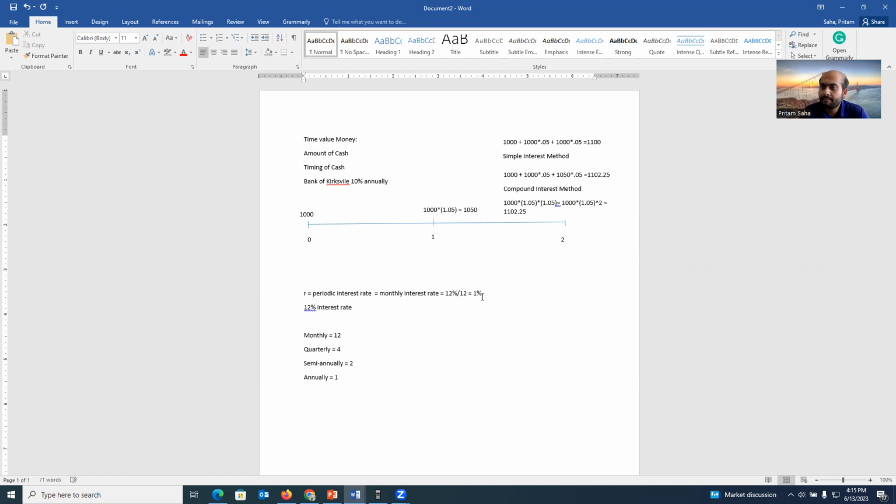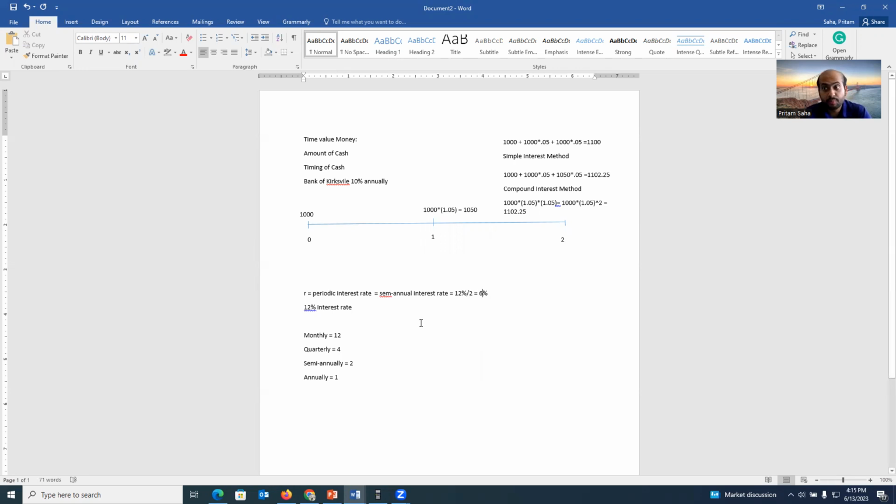Now change the problem. It said 12% annual interest rate, semi-annual compounding, okay? In that case, your periodic interest rate is basically the semi-annual interest rate. 12% divided by 2. Makes sense? 6%.